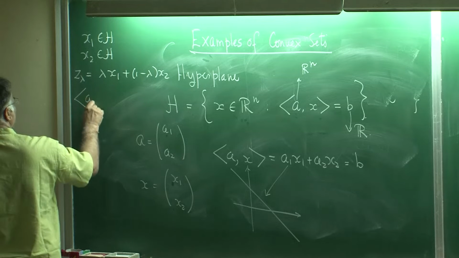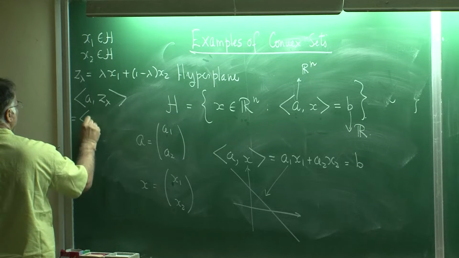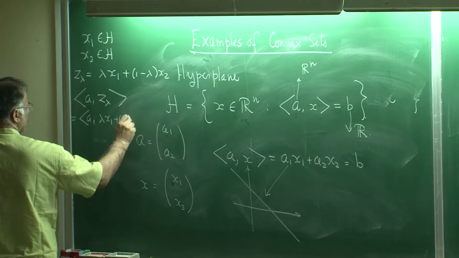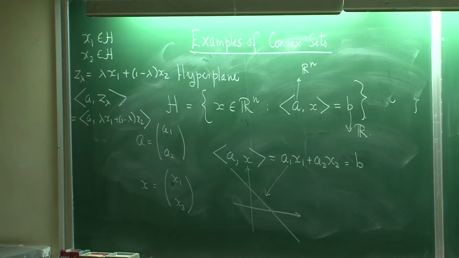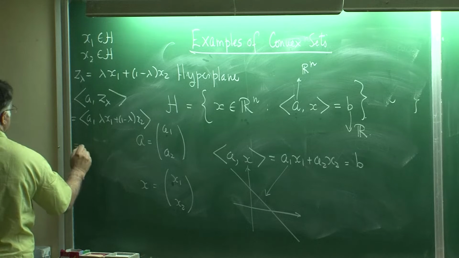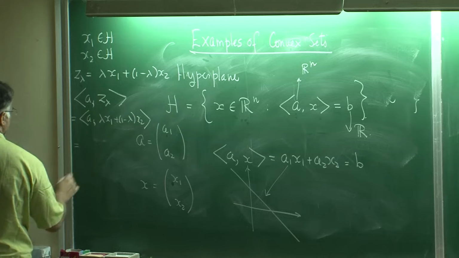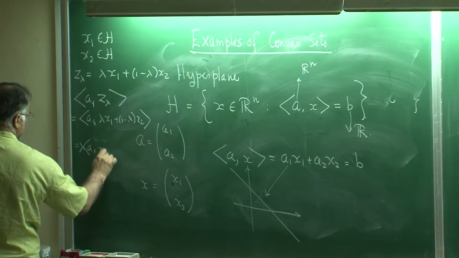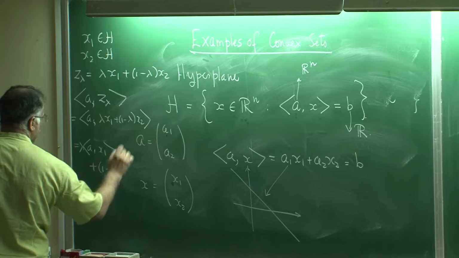So, you calculate A of z lambda, which will give you A of lambda x1 plus 1 minus lambda x2, and by the rules of the inner product, lambda A of x1 plus (1 minus lambda) A of x2.